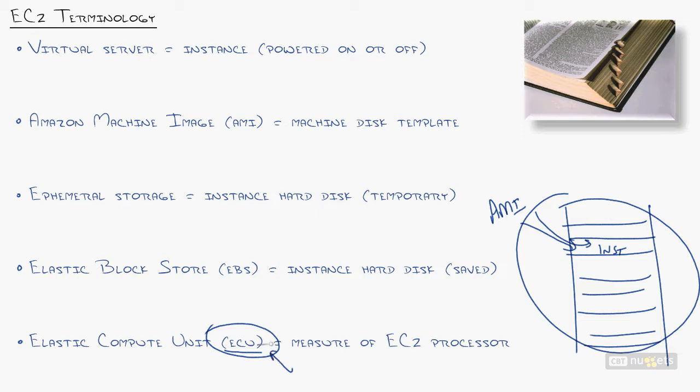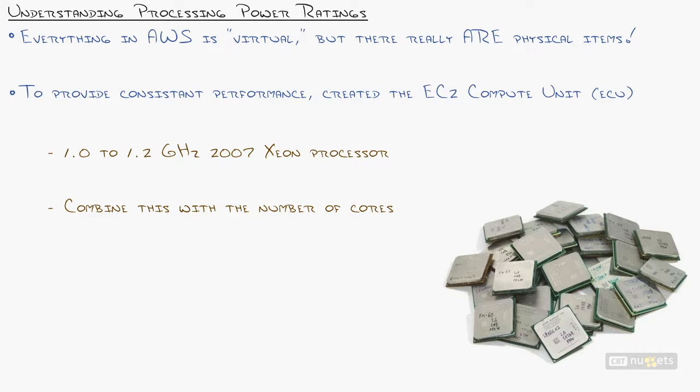What are those? There is a lot of documentation on what an ECU is, but if you boil it down, it is a 1.0 to 1.2 gigahertz 2007 Xeon processor. So if you're looking for just a measure of speed, that's the measure we're at. Now, you might say, well, it seems old.